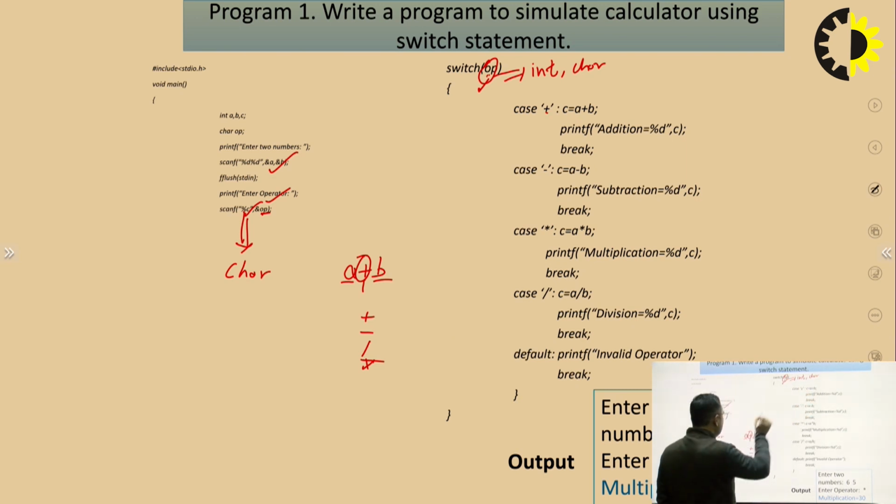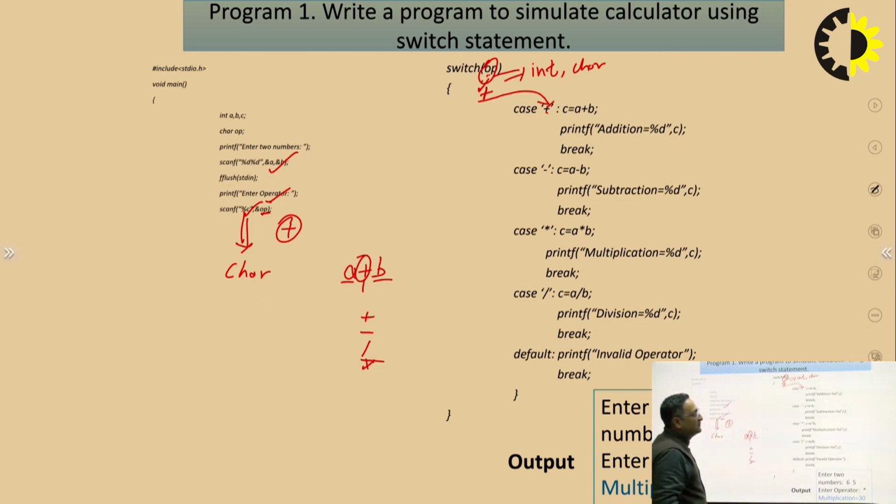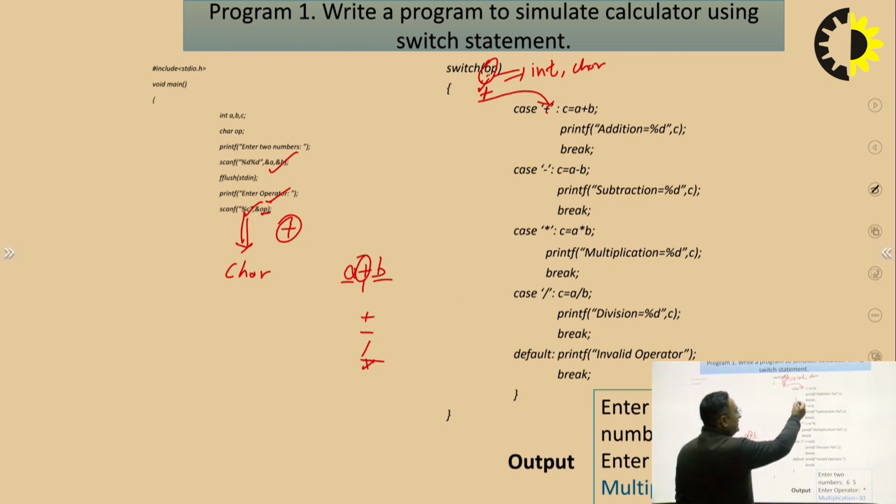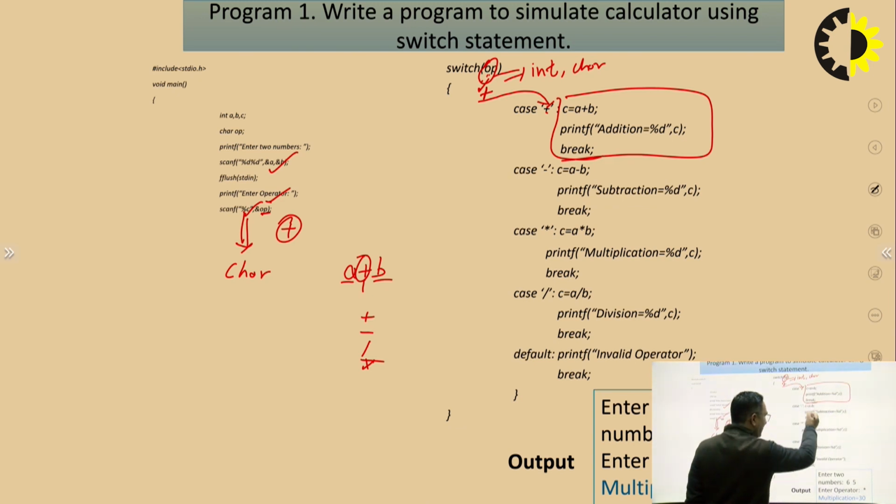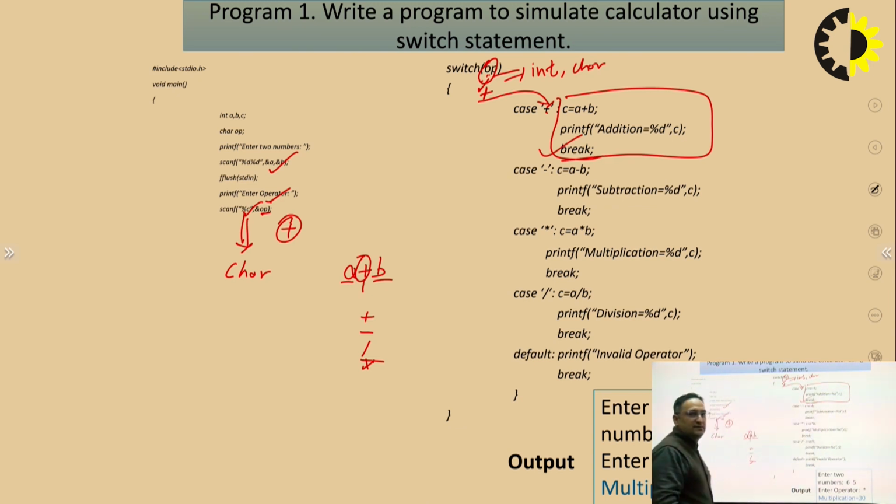So let's suppose the user has given the operator plus, right? So plus comes here, and then plus will be matched to this. If it is matching, then this piece of code gets executed, the rest will not get executed, since here it is a break statement.